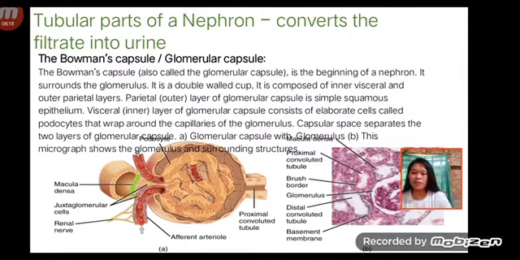So the basement membrane is a thin layer of specialized extracellular matrix that forms the supporting structure in which epithelial and endothelial cells, muscle and fat cells, and the Schwann cells of peripheral nerves sit.